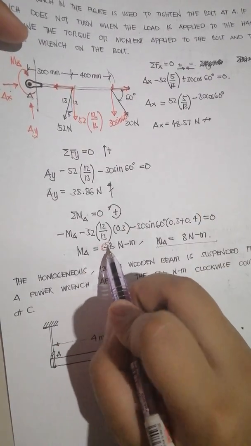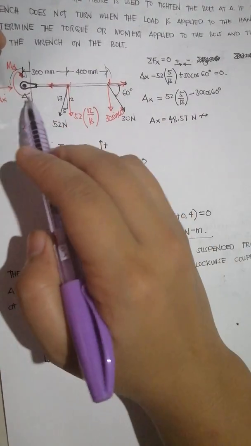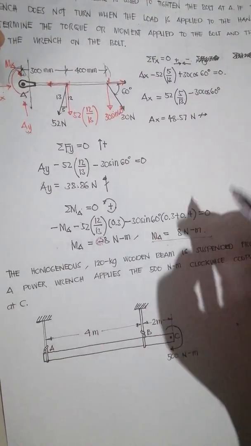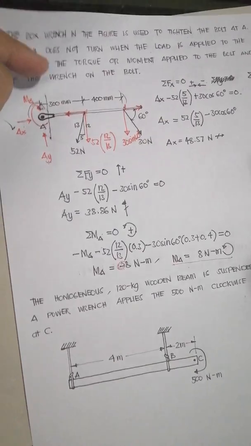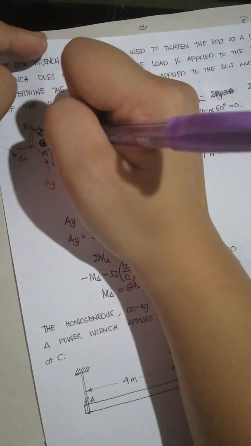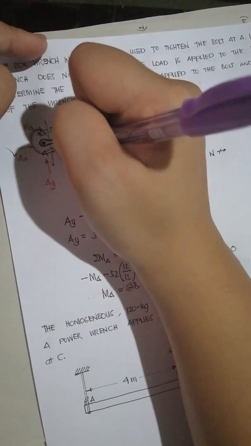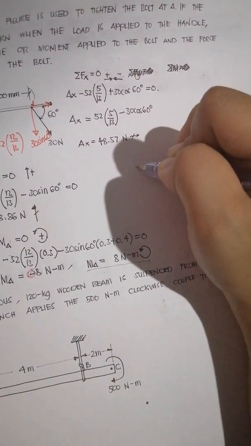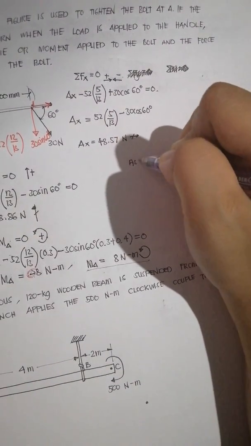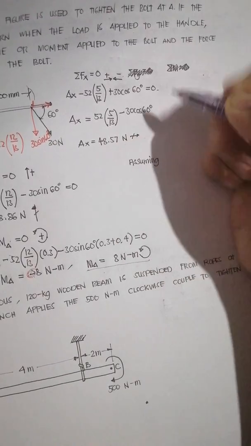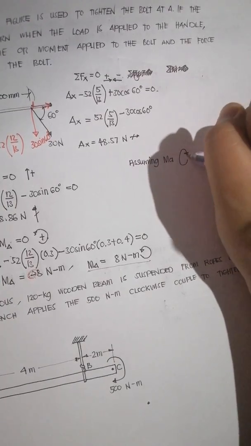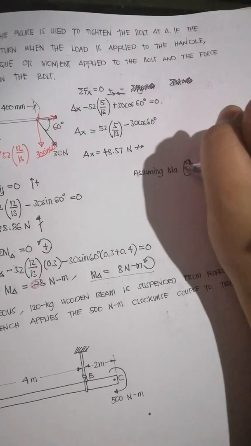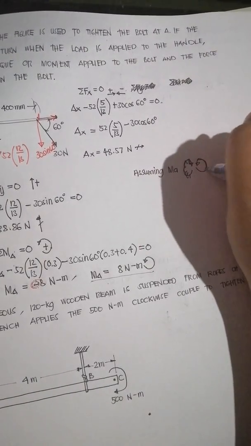Since the result is negative, this direction is incorrect. So it's really not clockwise, the correct direction is counterclockwise. So we will just correct the drawing. We'll have this one, the correct direction. Now let's see what if your initial assumption is correct, that MA is counterclockwise.